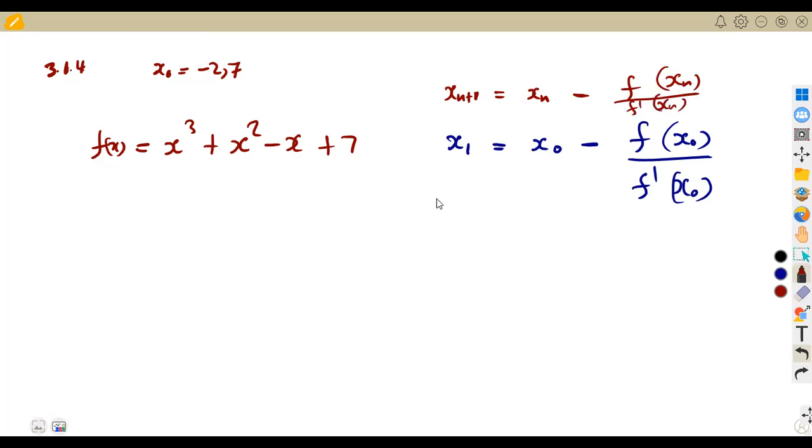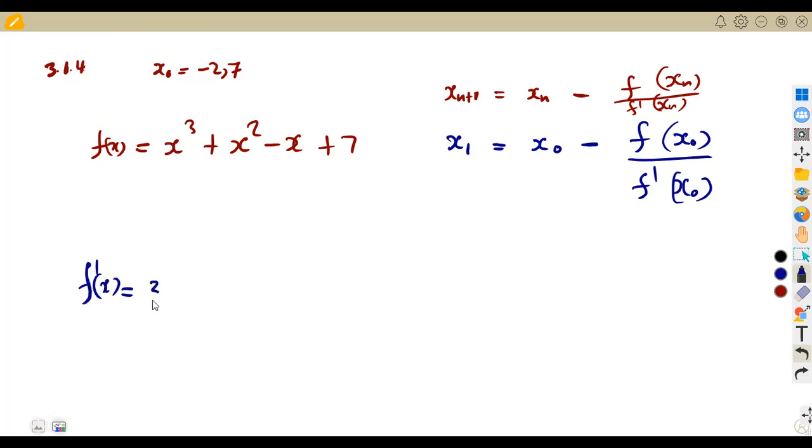If n plus 1 is 1, you simply subtract 1 and it becomes n, so that's a 0. We need our first derivative, which we obtained before, so it's just a matter of substituting here.